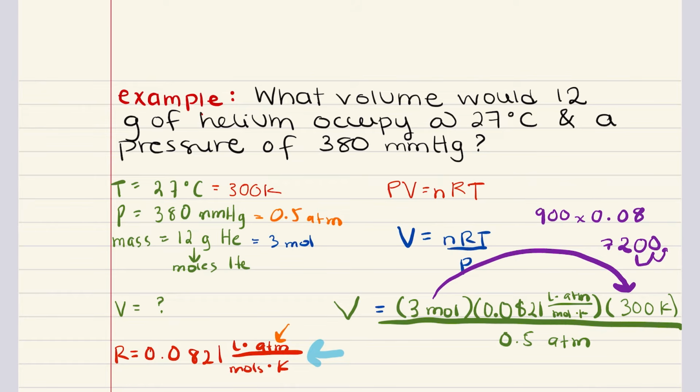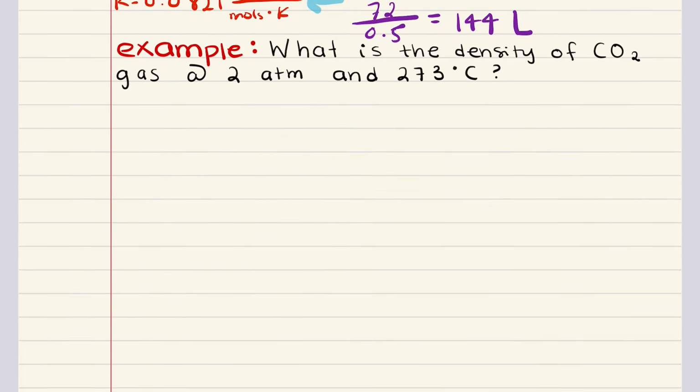And so our answer here is going to be 72 for the numerator, and that is going to be divided by 0.5. Now 72 divided by 0.5 is going to be equal to 144. That is our volume, 144 liters. Beautiful. Let's do our second example.